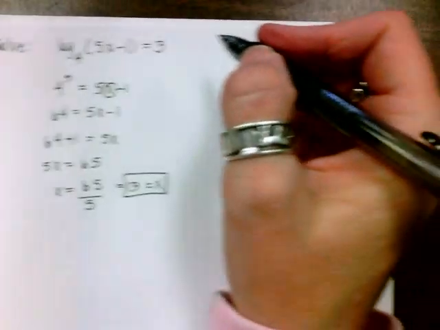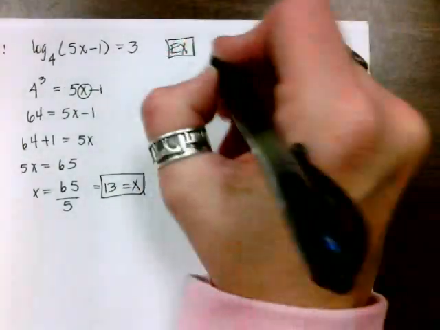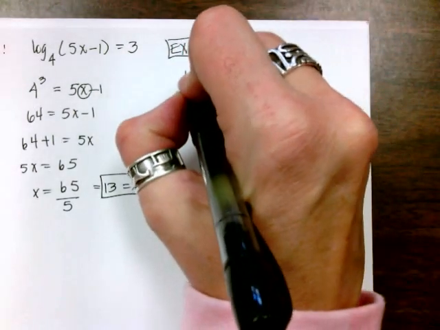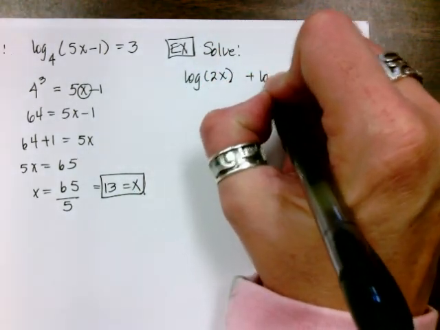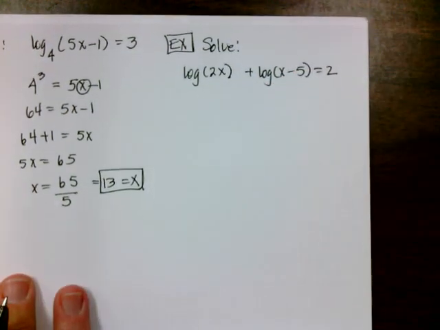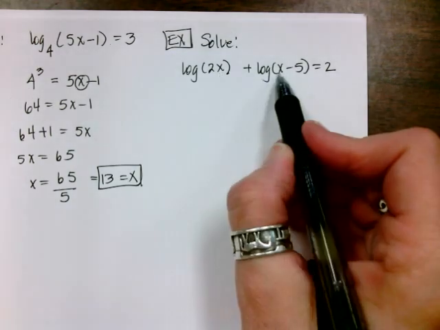All right, I'm going to do your next example over here. Again, it says solve. Such a novel concept. So I'm going to have the log of 2x plus the log of x minus 5 is equal to 2. Now I'm going to use the properties of logs to combine these two statements.